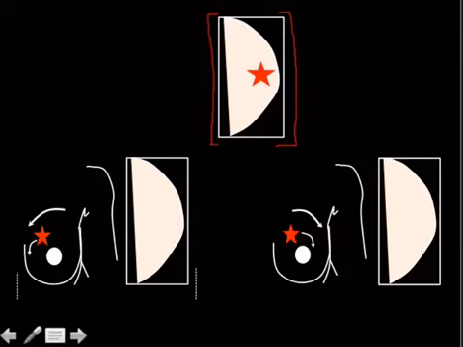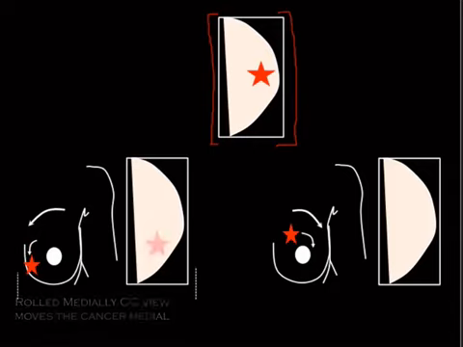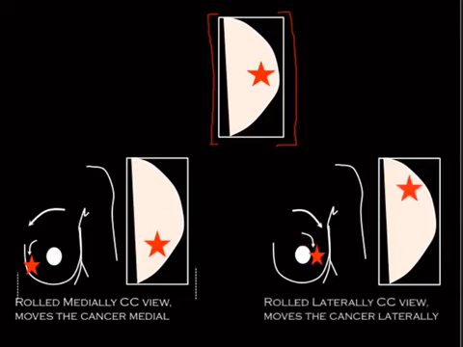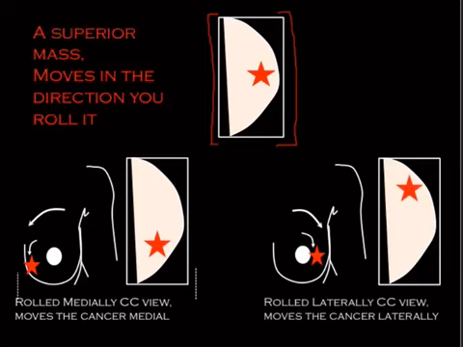So if you roll the breast and the lesion is in the superior breast, and you roll the breast medially, the lesion is going to be more medial on the rolled view. And then if you roll the breast laterally, it's going to move lateral. And that's true of lesions that are in the superior breast. So a lesion in the superior breast is going to move in the same direction that you roll.